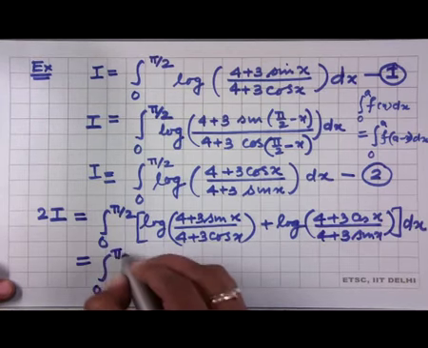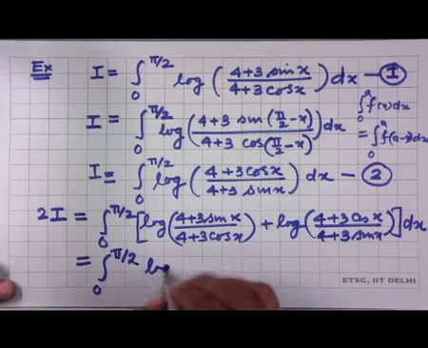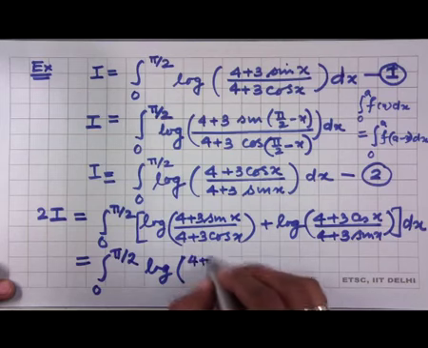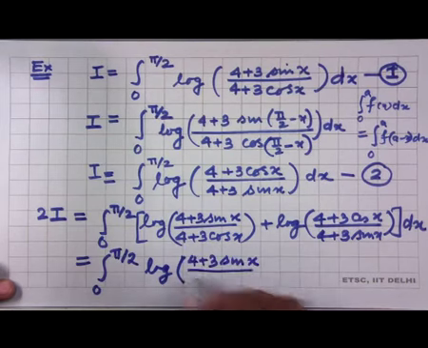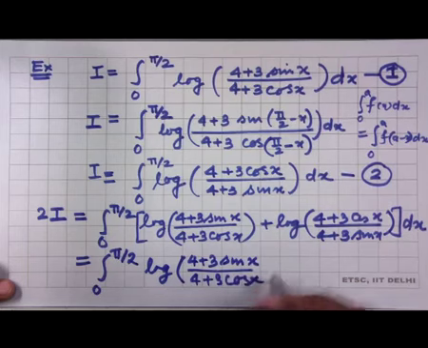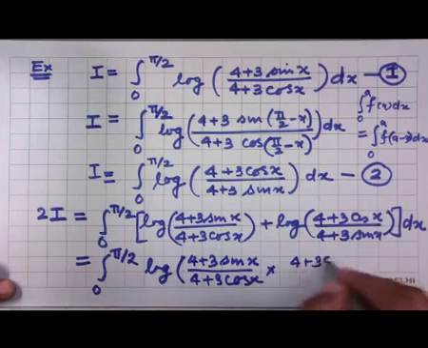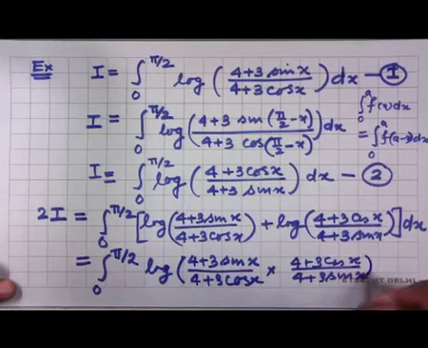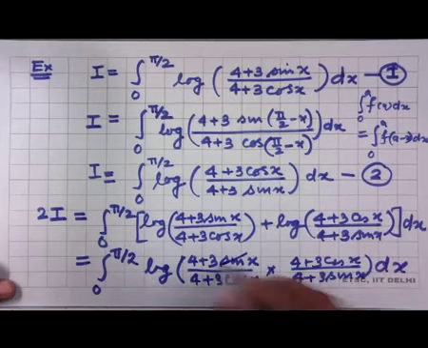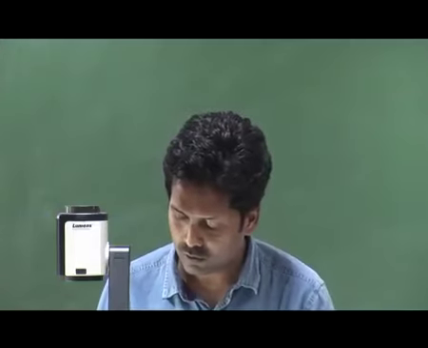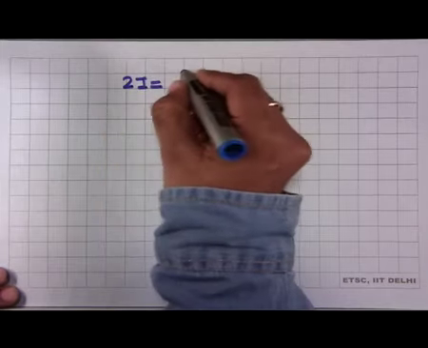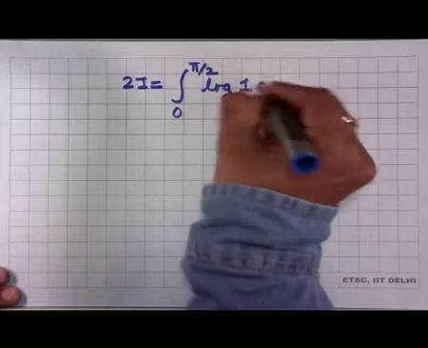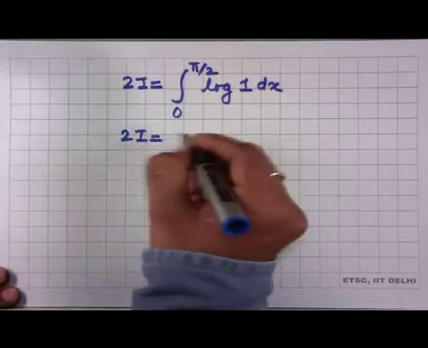So by using that you can immediately see that you get 4 plus 3 sin x on 4 plus 3 cos x into 4 plus 3 cos x by 4 plus 3 sin x, which gets cancelled. So you get 2I equals to integral 0 to pi by 2 log of 1 dx. So 2I is therefore 0, hence I is 0.